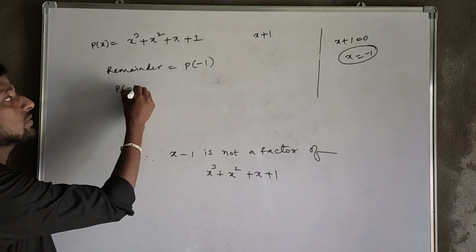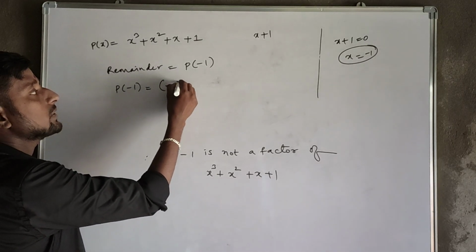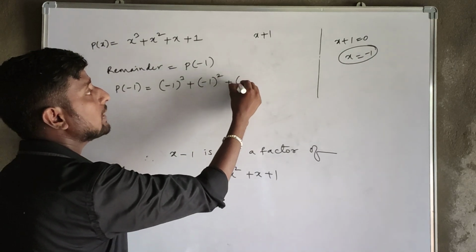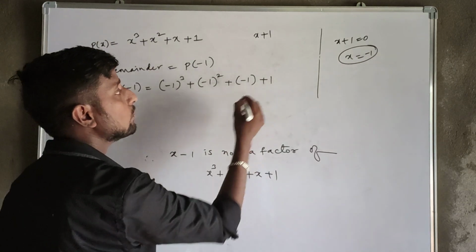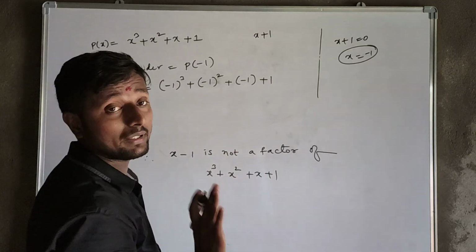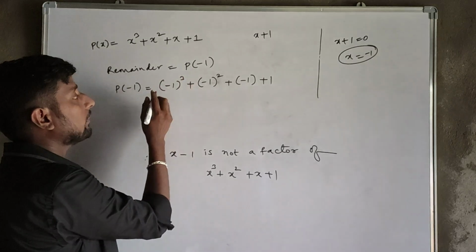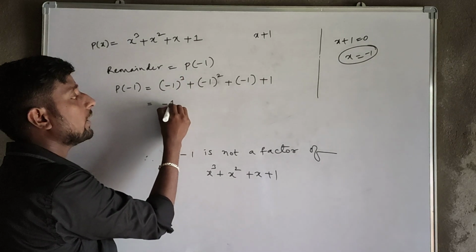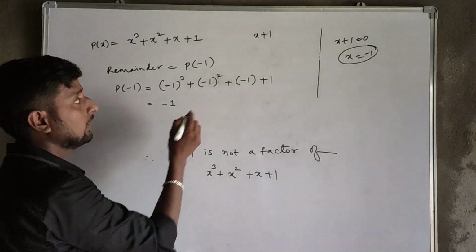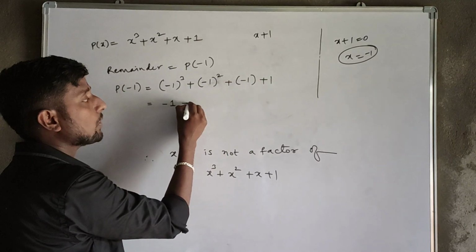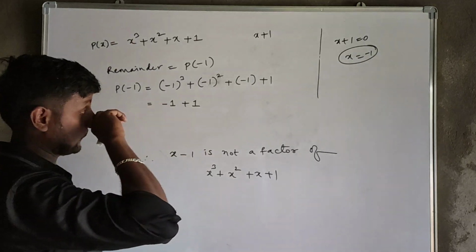So p of minus 1 is equal to minus 1 whole cube plus minus 1 whole square plus minus 1 plus 1. When negative numbers come, pay attention. Negative with an odd power, the answer is negative, so minus 1. Negative with an even power, it is positive, so plus 1.